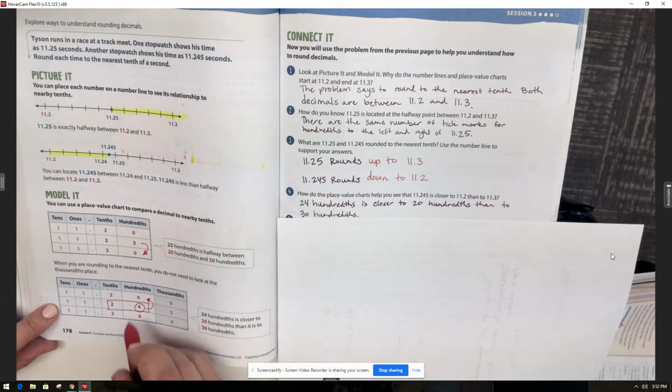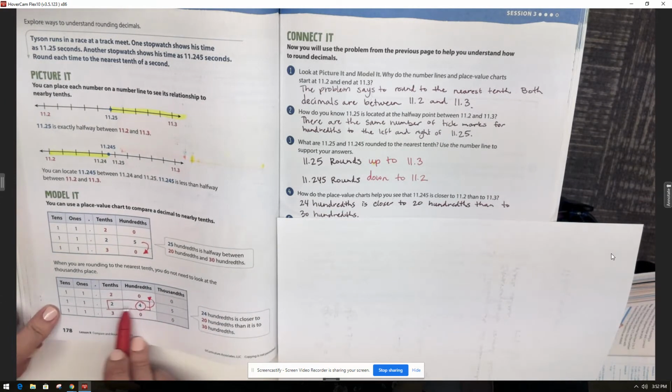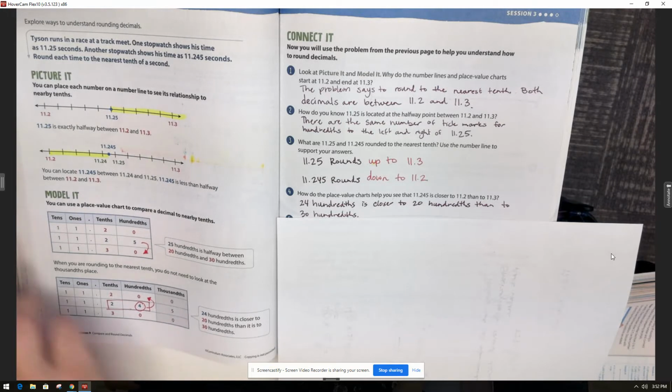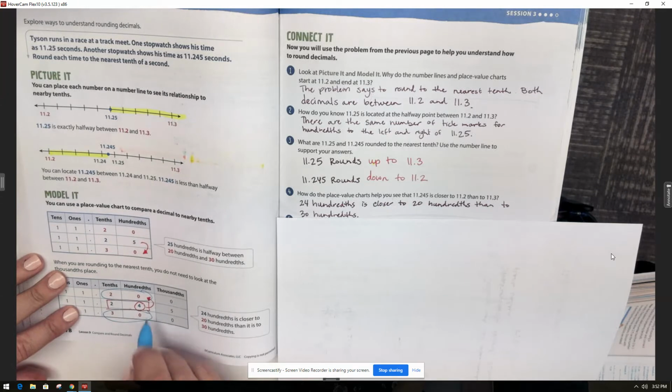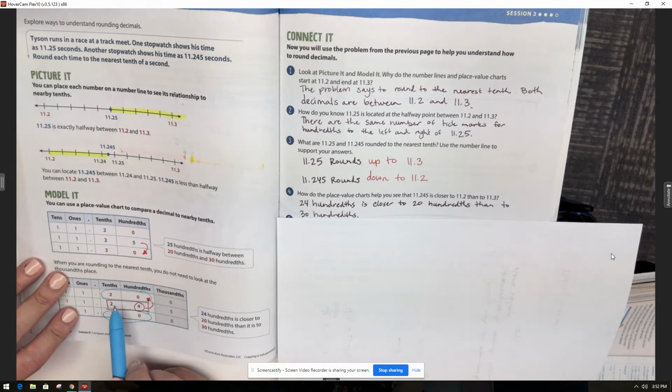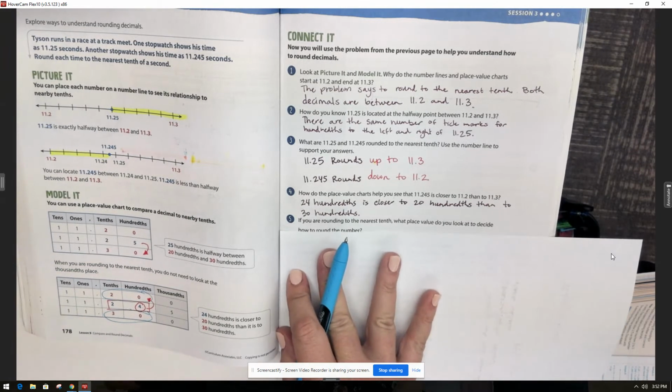If we look at 24 hundredths, and then we look at the 20 hundredths and 30 hundredths, we see that 24 hundredths is closer to 20 hundredths than it is to 30 hundredths.